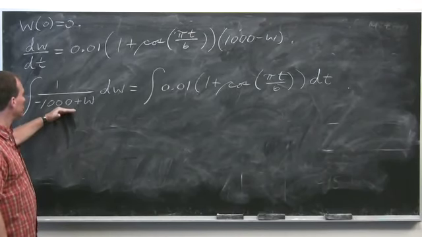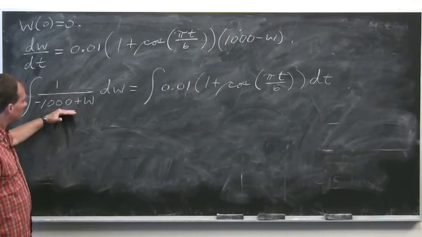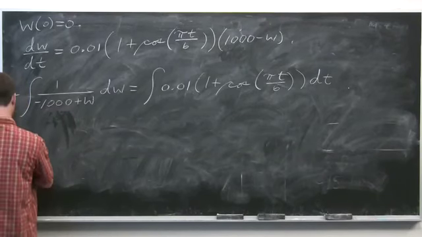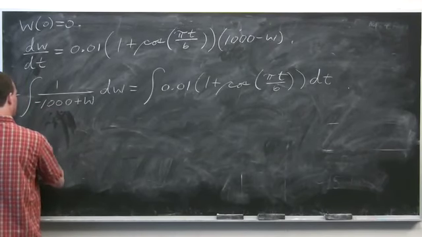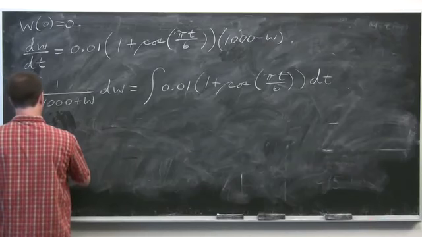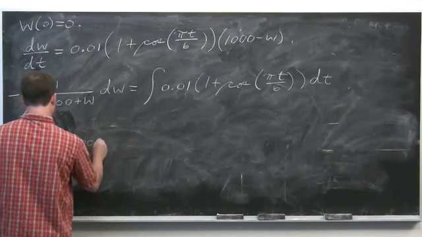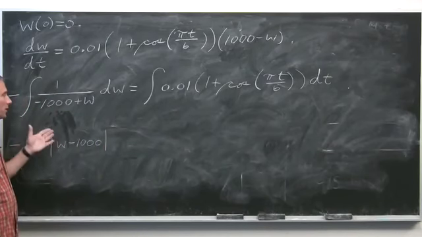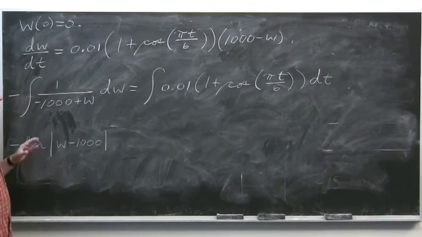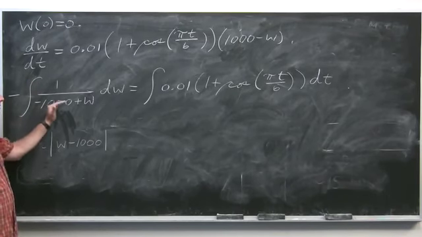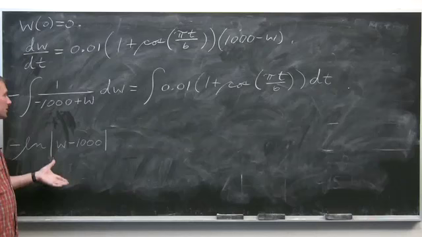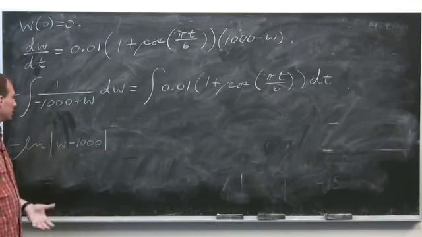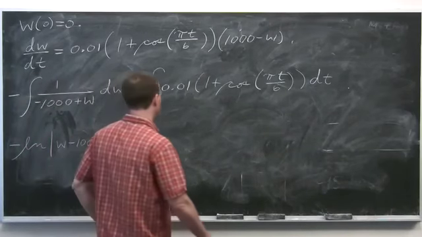You make the substitution u equals w minus 1,000, so that du is dw, and this side just becomes negative the natural log of the absolute value of w minus 1,000. You actually make the substitution, but it's simple this time. It's just not true that the integral of 1 over anything dw is the natural log of the anything. This is just so close to being w. It's w minus a constant that it works out in a very simple fashion.